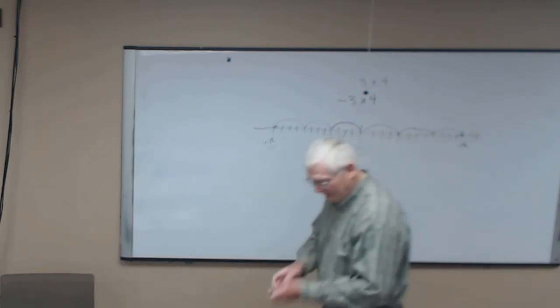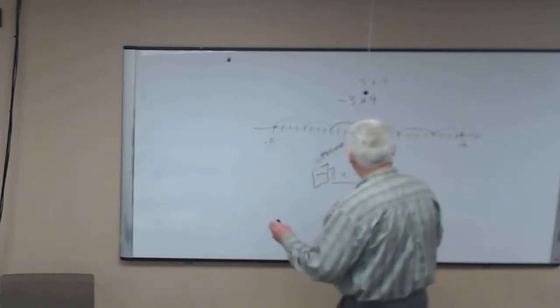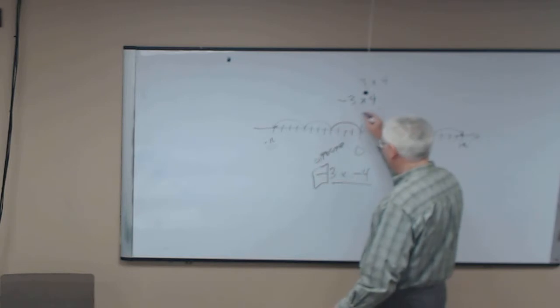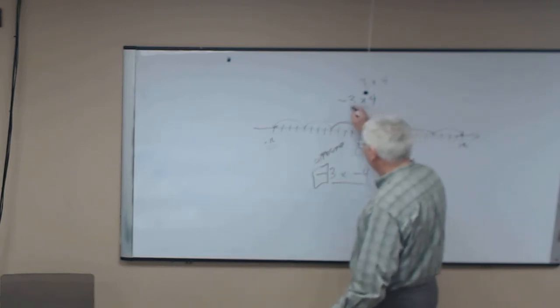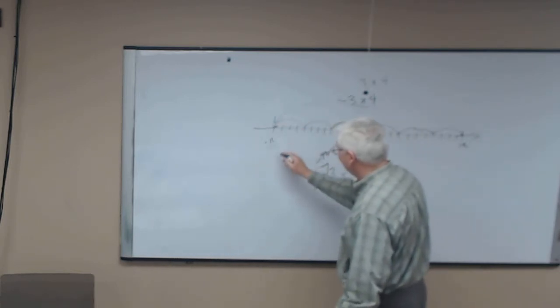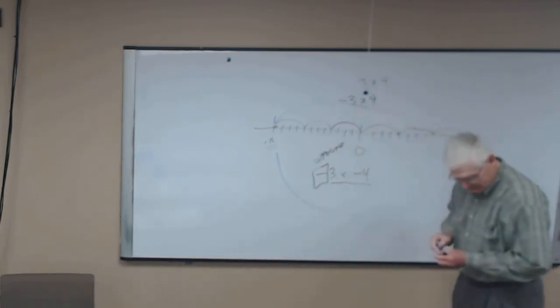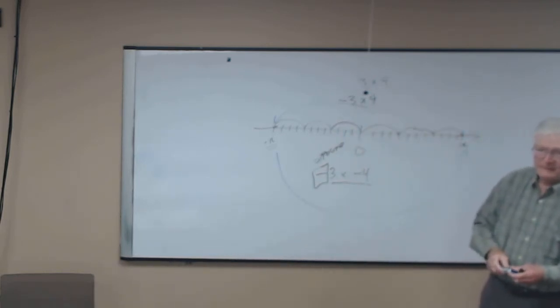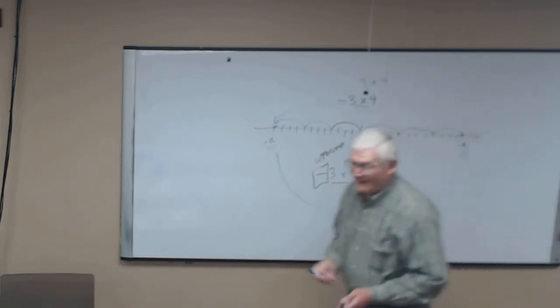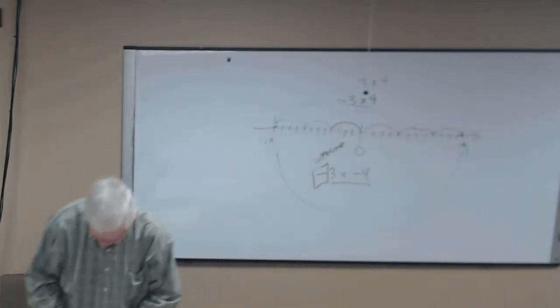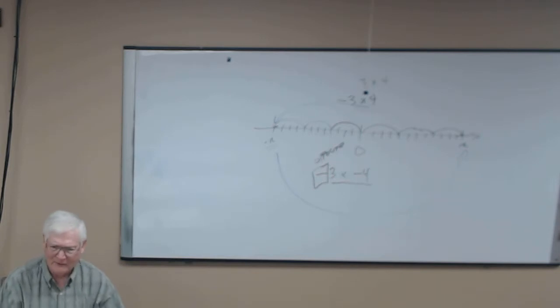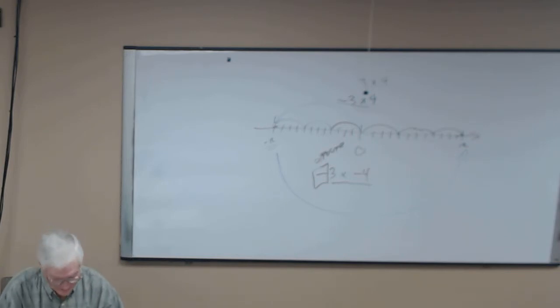What's the opposite? 3 times negative 4, or negative 3 times 4, is here. What's the opposite of that? Over here. Do you see what's going on? That's the why of that rule. I always like to have reasons for the rules I have in life. It just helps me swallow the rule a little bit.